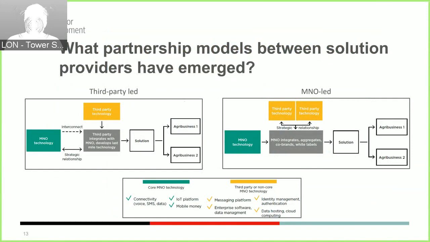In particular, if we look at the key foundational elements of mobile money networks, which are the sales and distribution network, liquidity management, and also issues like control over mobile money pricing, these are all areas where the MNO has control and visibility and therefore is needed as, at the very least, a partner in the third party-led type of model. Of course, the MNO is needed as a strategic partner and for strategic engagement.